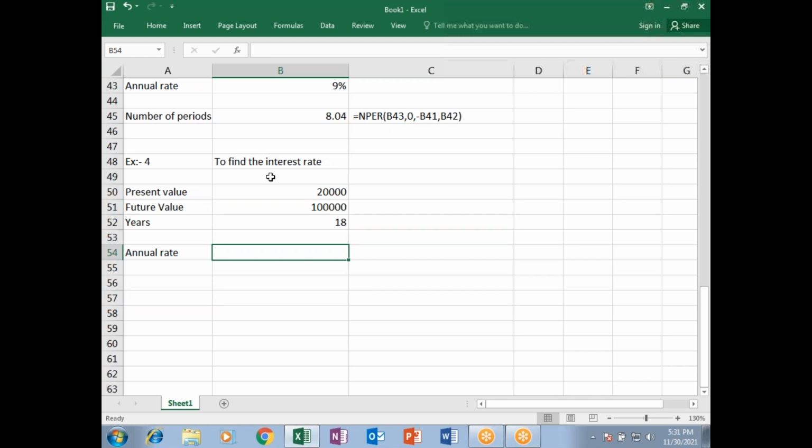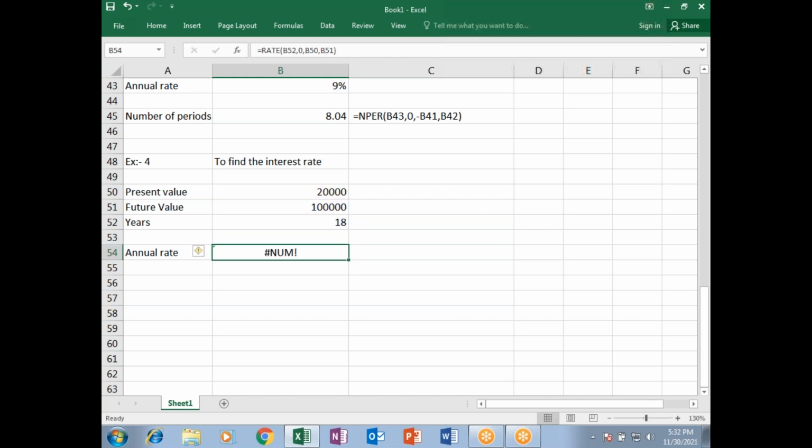To find out the annual rate, you will use the function RATE itself. NPER you need to give, that is nothing but the years, comma. There is no payment amount, so 0, comma. Then present value, comma. Then future value.